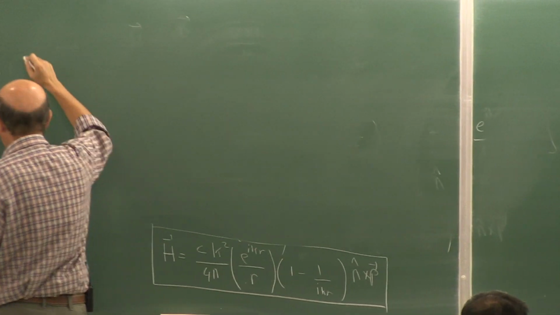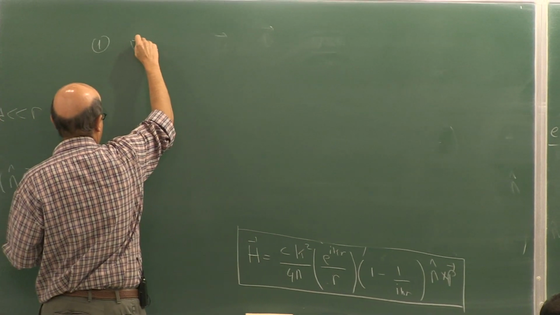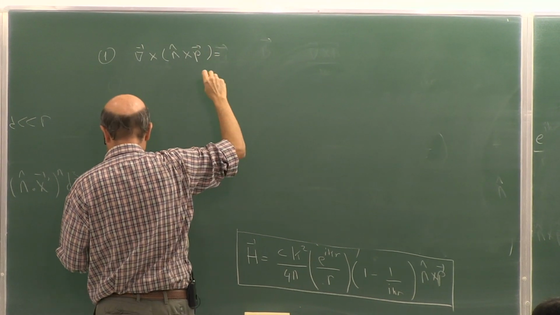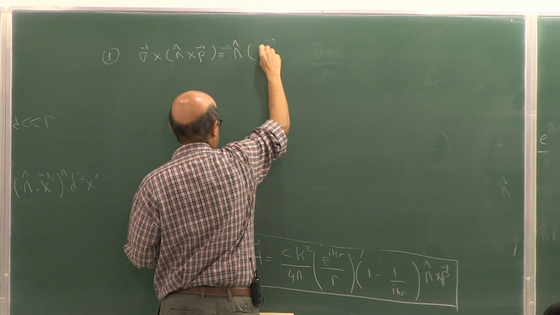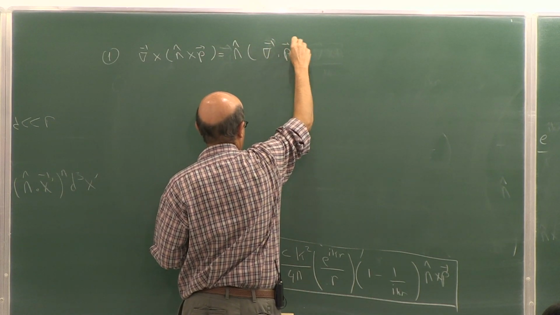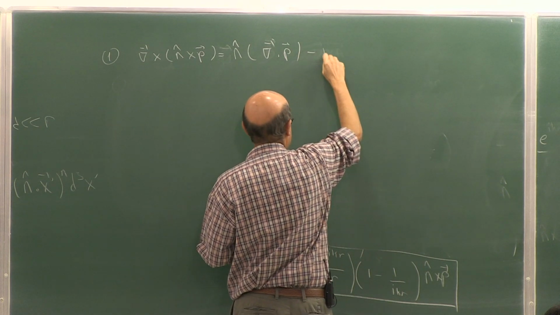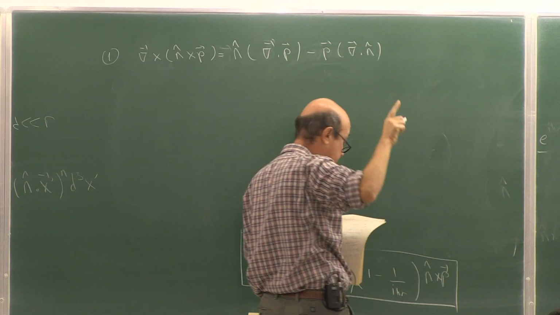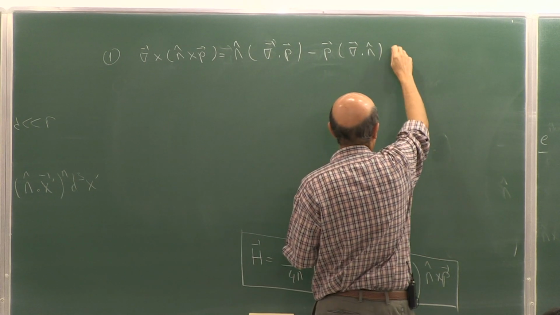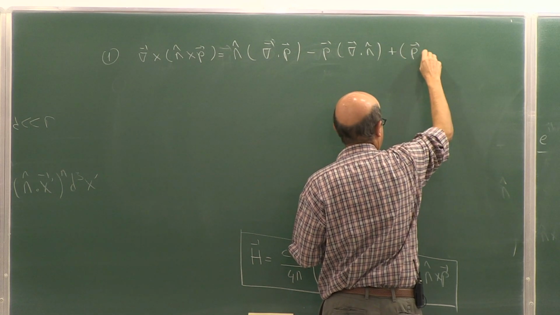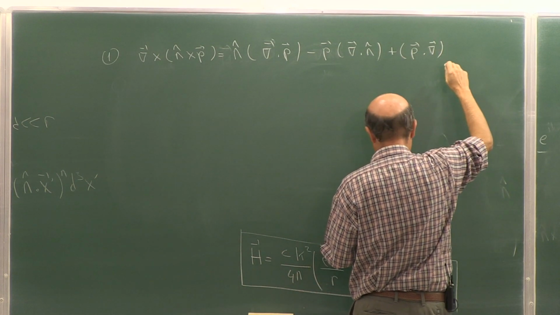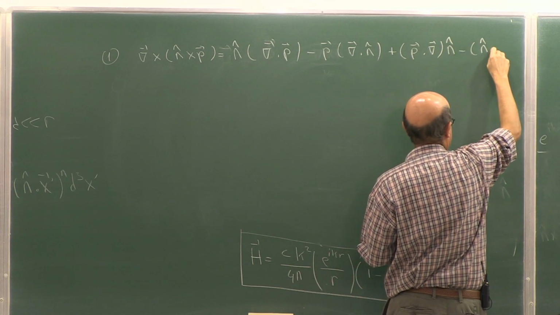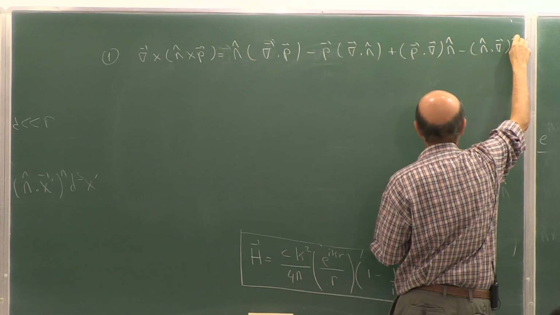So the curl of n cross p is equal to n divergence of p, minus p del dot n, where n is a unit vector along r hat, plus p dot gradient of n hat, minus n hat dot gradient of p.